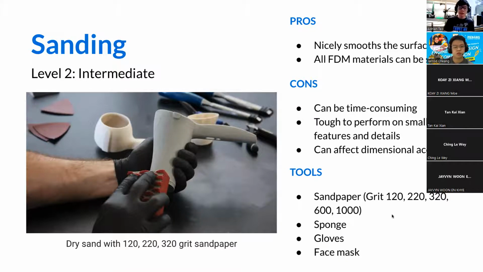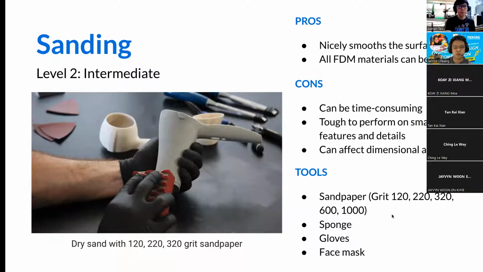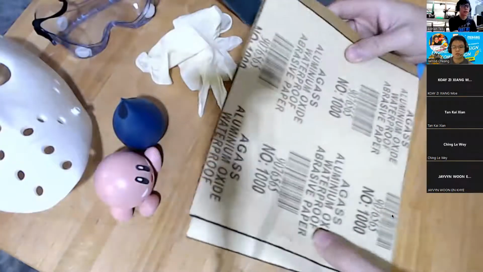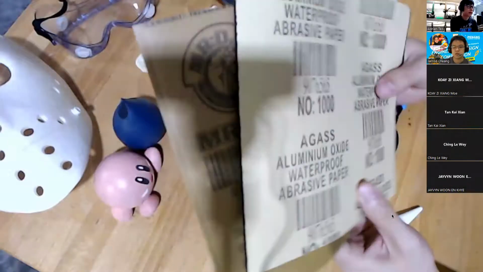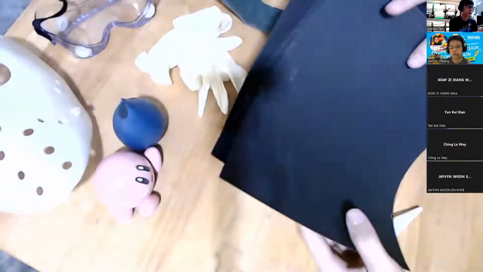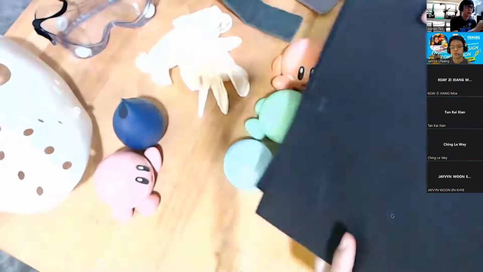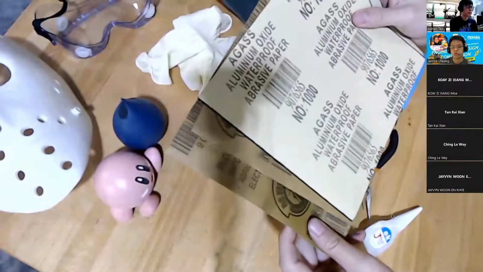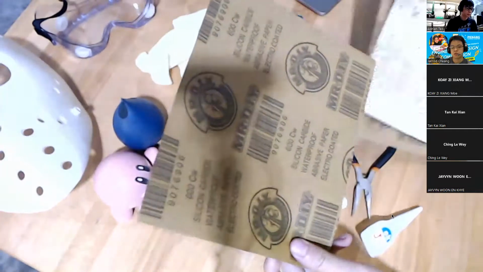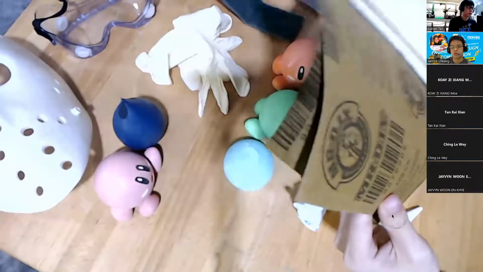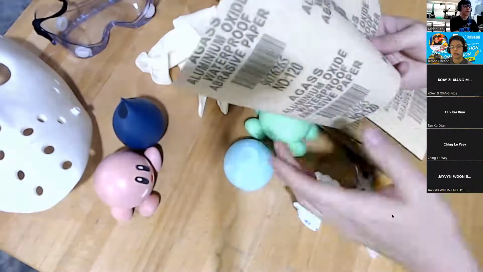So over here I have a few sandpaper. When we buy sandpaper, all sandpapers have different roughness. But how do we know different roughness? We look at the sandpaper number here. Let's look at the lowest number I have over here.